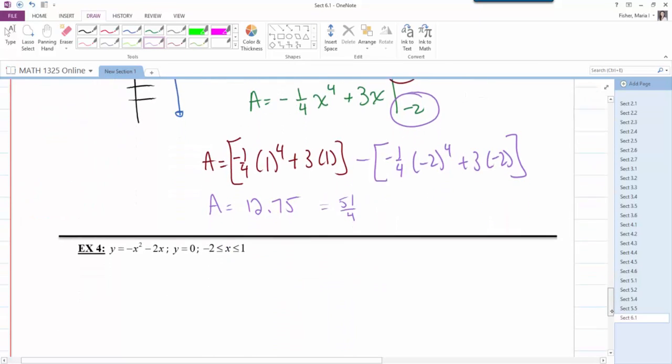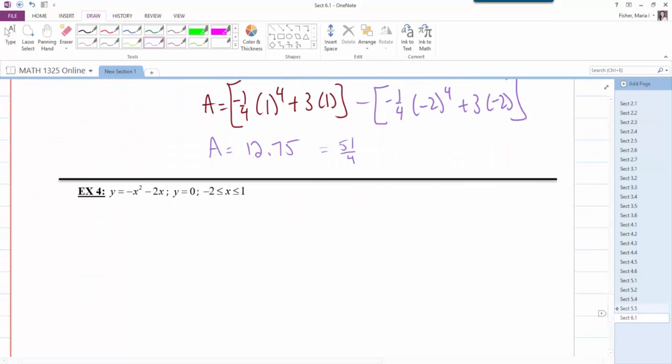All right, last one, number 4. We're looking for the area that's trapped between y equals negative x squared minus 2x, y equals 0, and between negative 2 and positive 1. So I look here, and I know that this is a quadratic, and I know it's a quadratic that opens down.